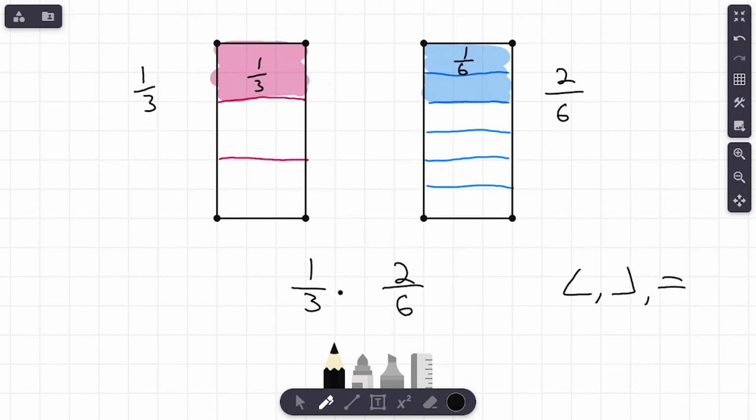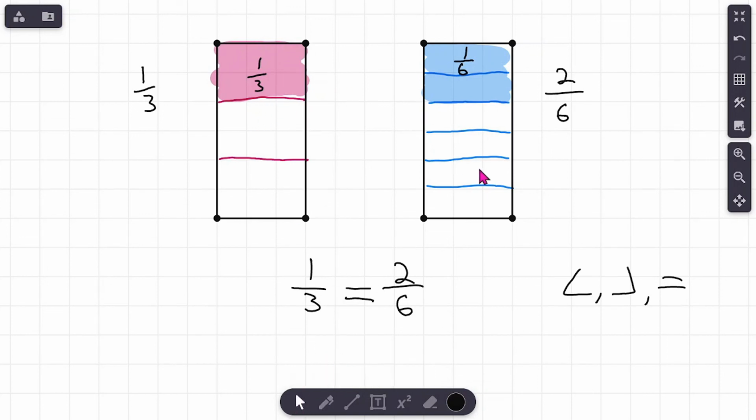Which of our symbols needs to go into this space right here? Well, ladies and gentlemen, take a look at this. To me, our fraction models are making it really clear that these two fractions, 1/3 and 2/6, are equal. These two fractions are equal fractions. They're equivalent fractions. All right? Just because their numerators and denominators are different doesn't mean that they can't be equal.